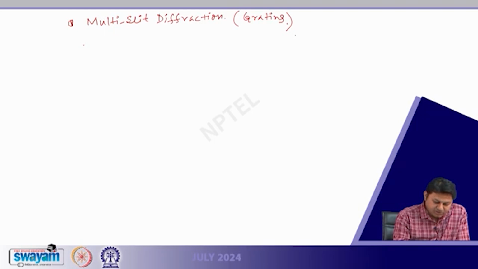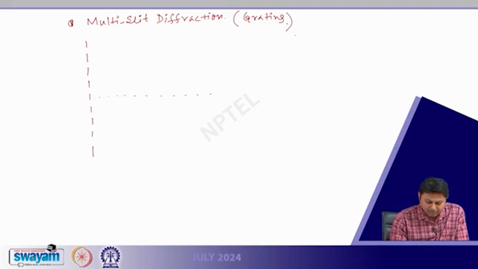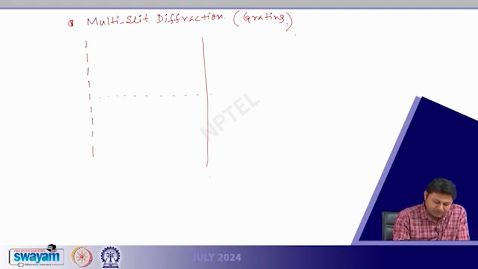So, pictorially if I draw the multi-slit pattern, instead of having one slit, here we have many slits, 1, 2, 3, 4 on one side, and 1, 2, 3, 4 on the other side.